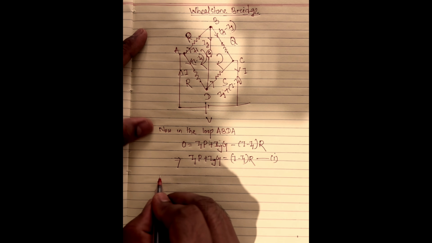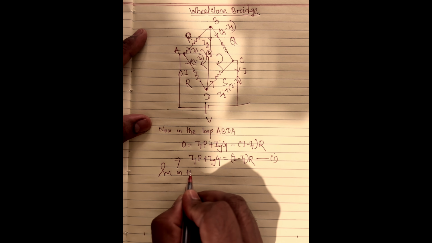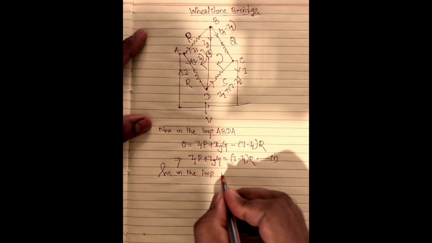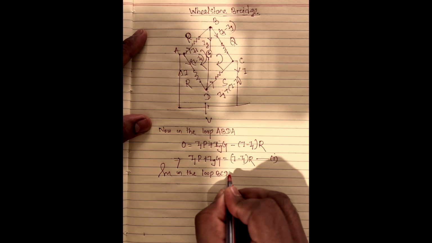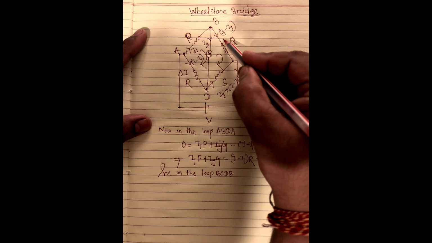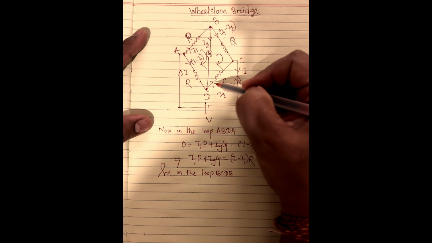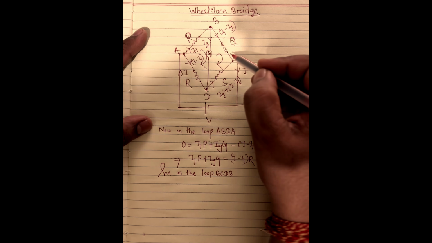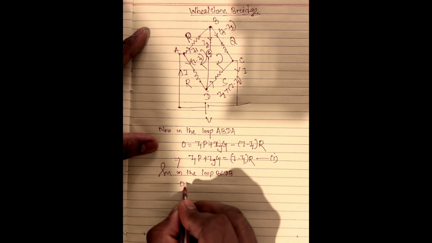Similarly in the loop BCDB, here I1 minus Ig is flowing clockwise, but Ig and Ig plus I minus I1 are in the anti-clockwise direction. That's why we write 0 here, because no potential is applied across the loop.